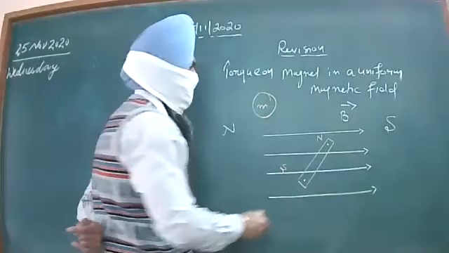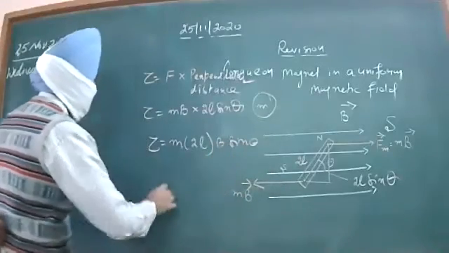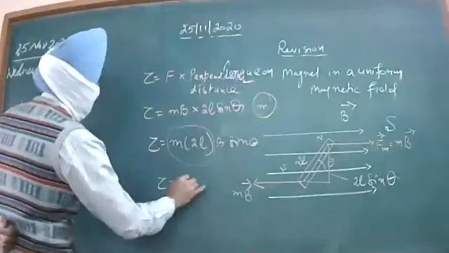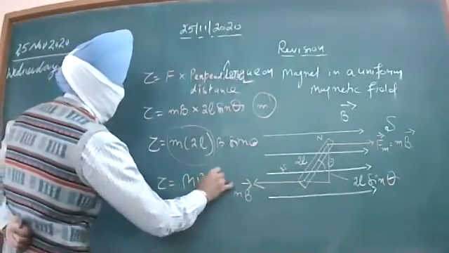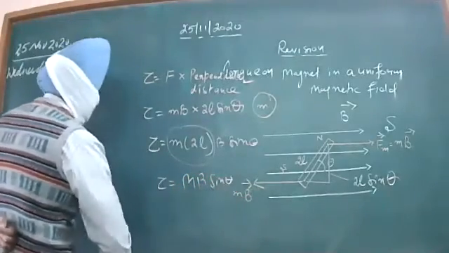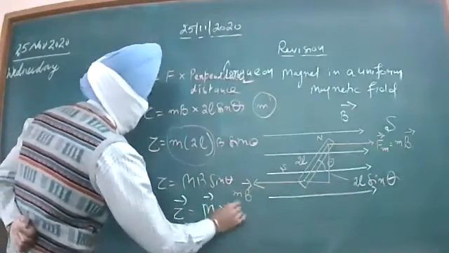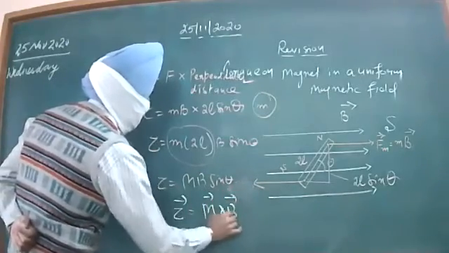When we get it solved, we get torque equal to m into 2L into B sine theta, and obviously this m into 2L is nothing but capital M. So it is M B sine theta, and in vector form it may be put as M vector cross B vector.